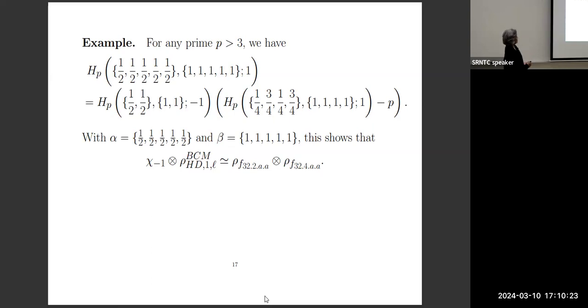That means it's a trace of the tensor of two degree 2 Galois representations, and one can verify that each is modular, with explicit modular forms identified. And the left-hand side is a BCM representation with a quadratic twist.